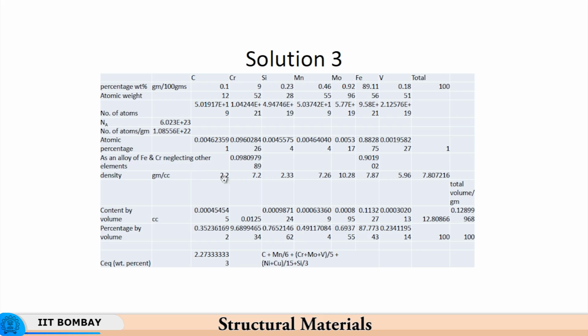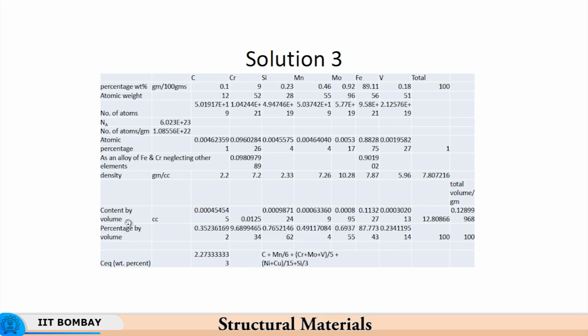So now you see that the density in gram per cc is here, chromium 7.2, 2.33 and so on. So based on the percentages of these elements, you get 7.8 gram per cc.